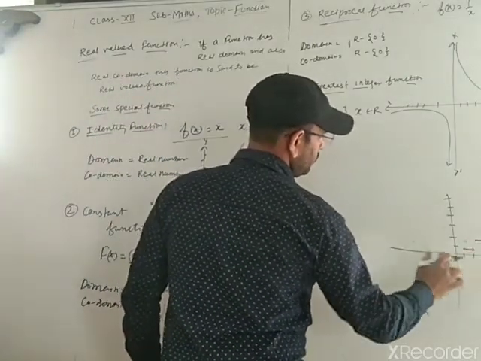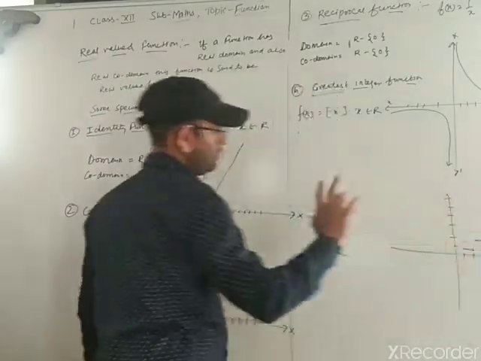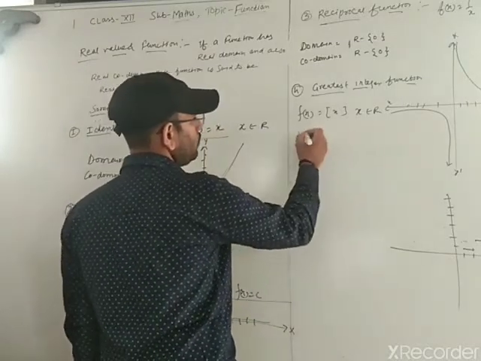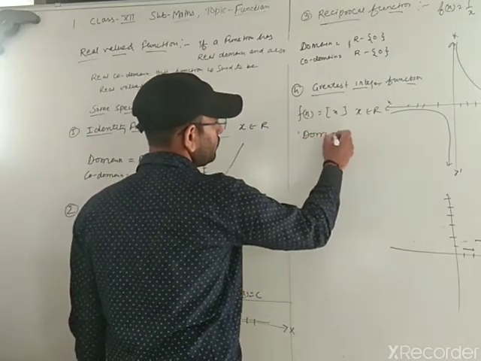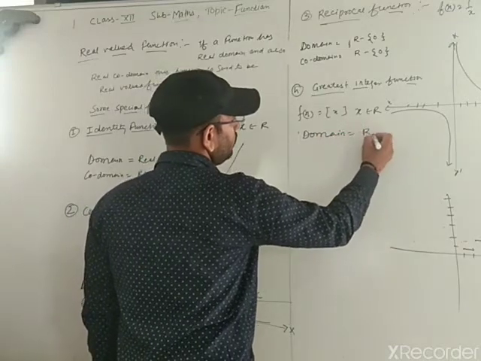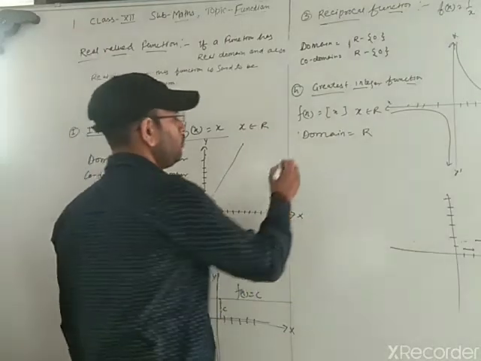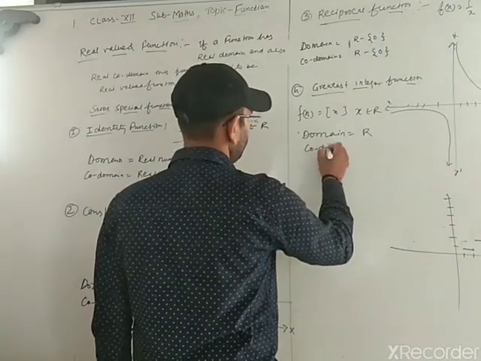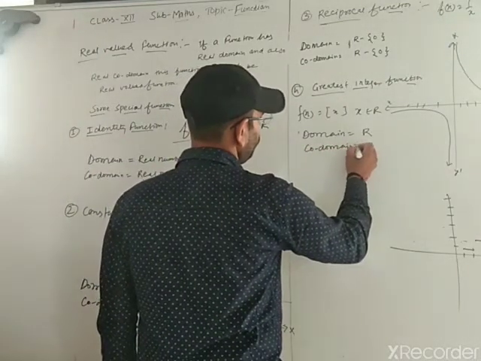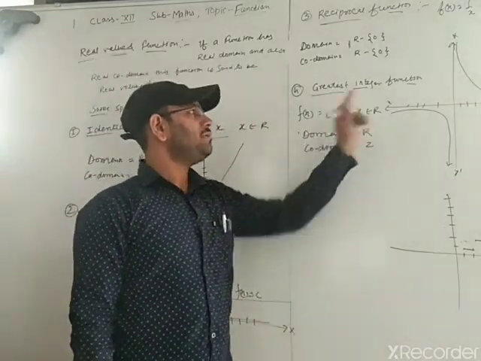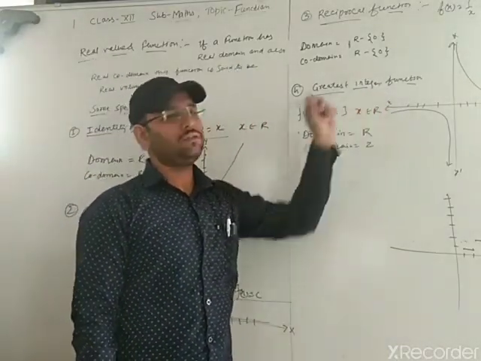We can provide any real number, so the domain is the real numbers R. And what result do you get? For the codomain, you will always get integers. That's why its name is the greatest integer function.